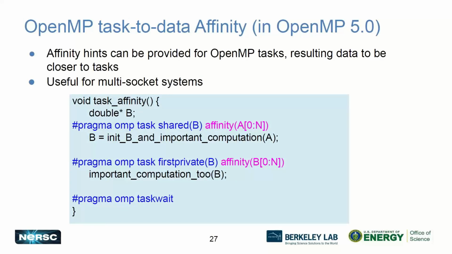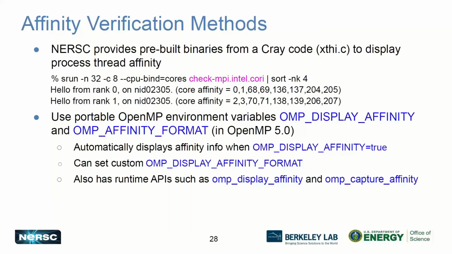I'll mention a few OpenMP 5 affinity features. For task-to-data affinity, you can give a hint to an OMP task that for that task you would want to use a thread that's local to the data that you need. For affinity verification, you can use a binary we give for NERSC people, or we actually want to promote the OMP environment variables OMP_DISPLAY_AFFINITY and OMP_AFFINITY_FORMAT.